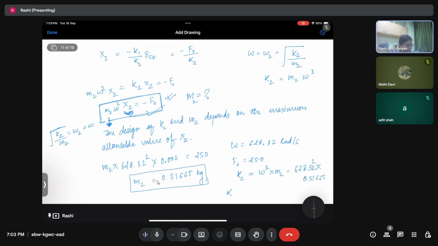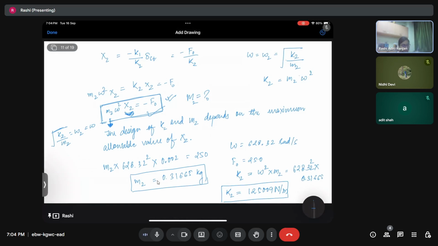So K2 will turn out to be 5009 Newton per meter. Now you can see that the mass is very small compared to the stiffness of the spring. We need a very high stiffness spring in order to reduce the vibration of the mass M1.